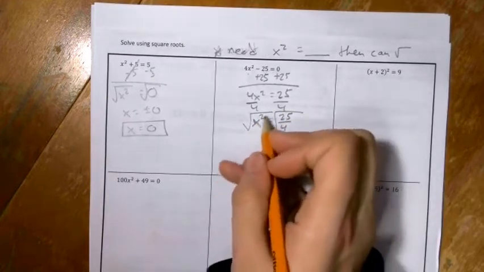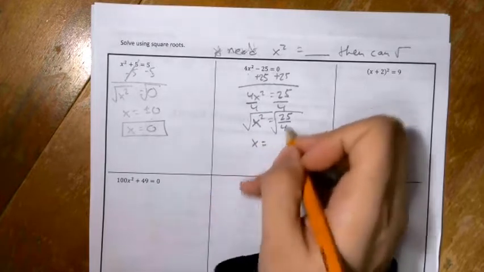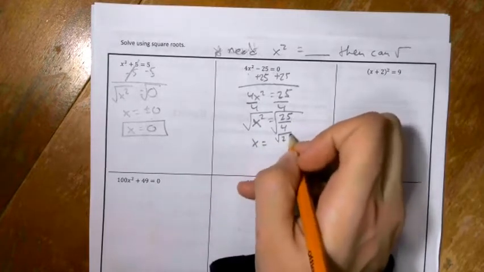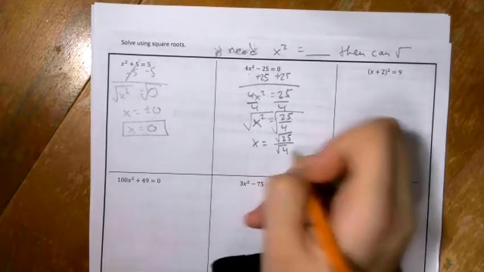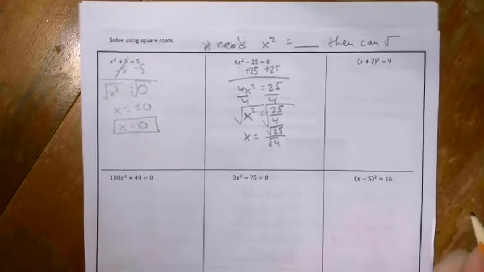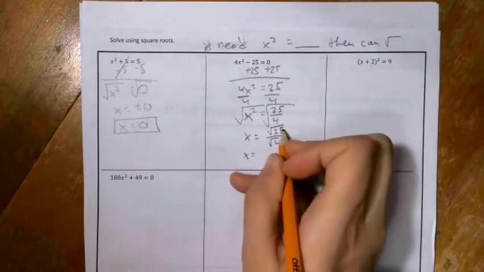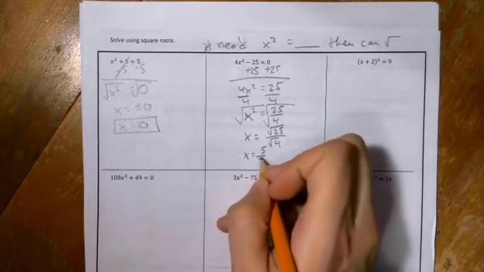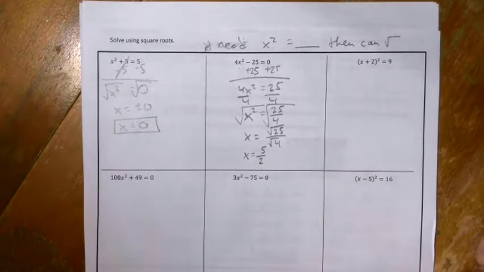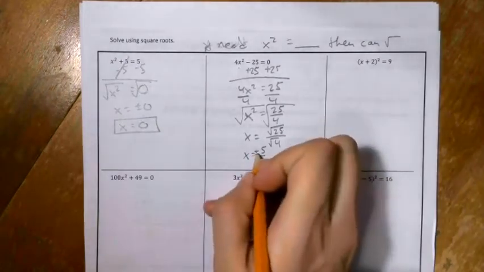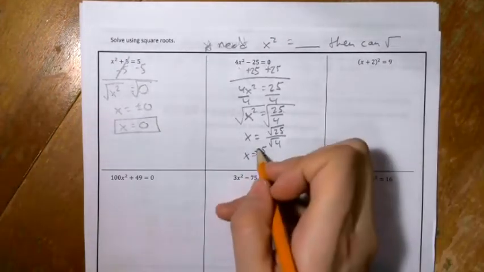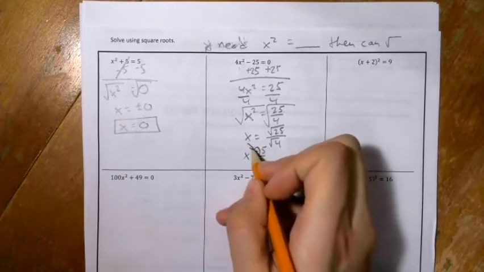Well, we know the square root of x squared is just x. With this one, I can do the square root of 25 over the square root of 4. We've been practicing that. That's what all of lesson 9.1 was, right? So the square root of 25 we know is 5, and the square root of 4 is 2. Another way of saying that would be plus or minus 2.5. Remember, when we take a square root, we have to have a plus or a minus.